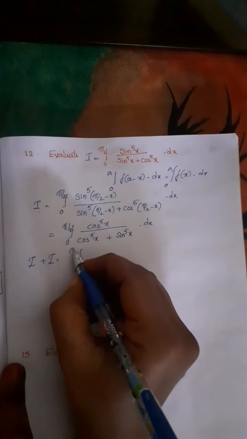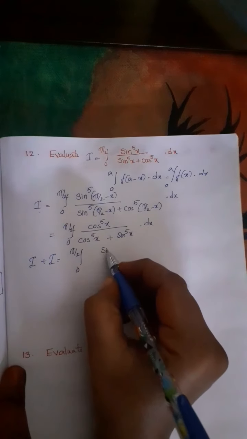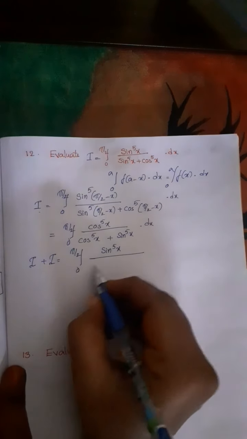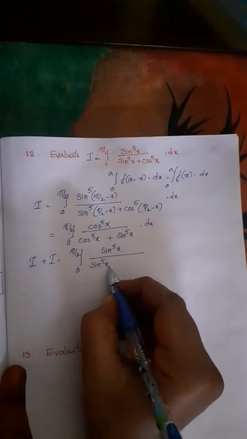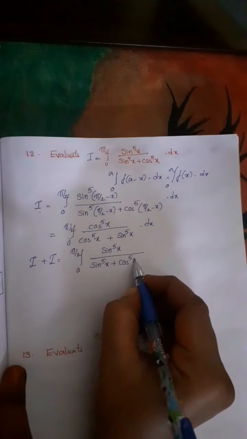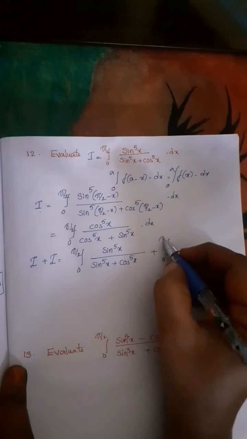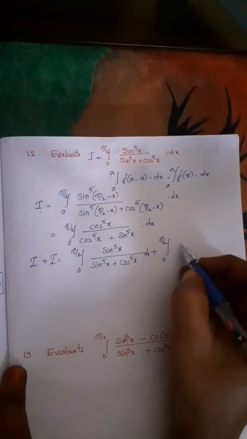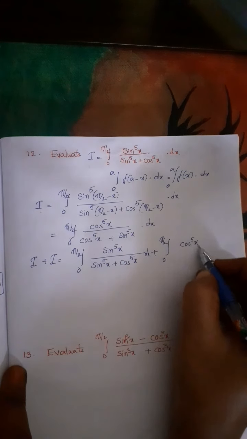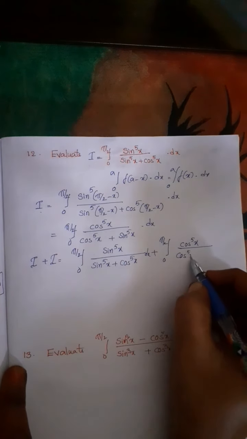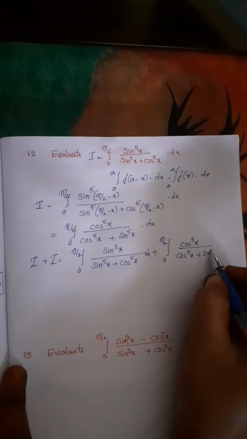So integration 0 to pi by 2 sine to the power of 5x by sine to the power of 5x plus cos to the power of 5x plus integral over 0 to pi by 2 cos to the power of 5x by cos to the power of 5x plus sine to the power of 5x.